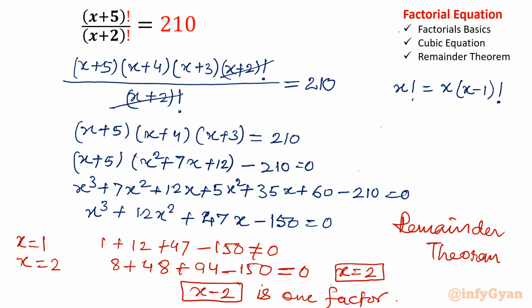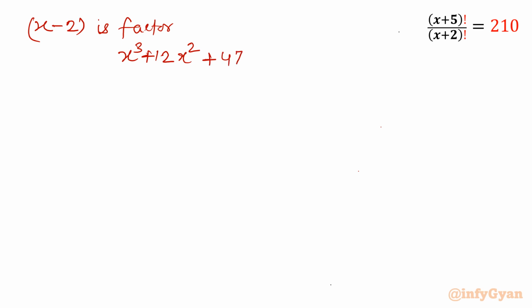So let's apply remainder theorem. x minus 2 is one factor, and let's write the cubic equation: x cube plus 12x square plus 47x minus 150 equal to 0.